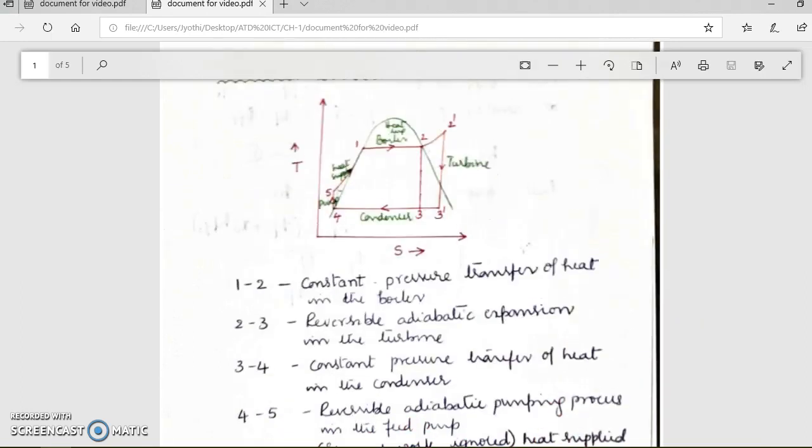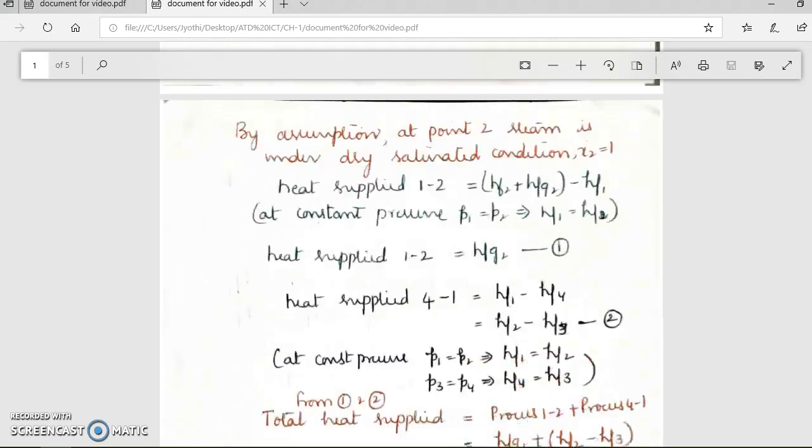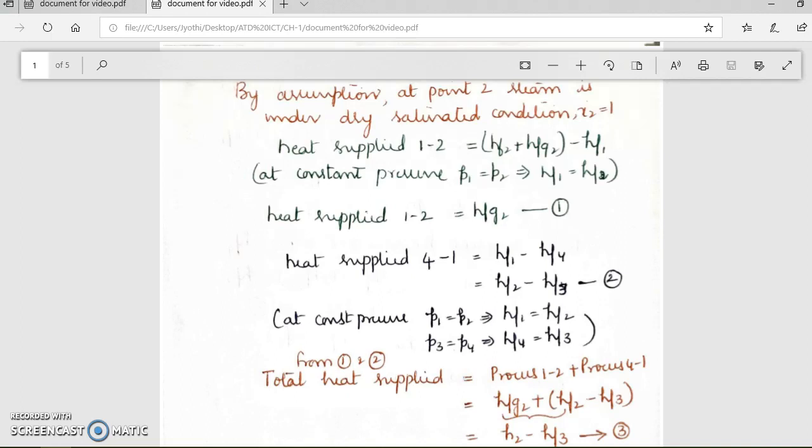Similarly, we will move to the heat supplied from 4 to 1. We are ignoring the pump work because, ideally speaking, the pump work is very small. So for the 4 to 1 process, the heat supplied is nothing but HF1 minus HF4. At constant pressure, P1 equal to P2, HF1 is equal to HF2, and P3 equal to P4, HF4 is equal to HF3.